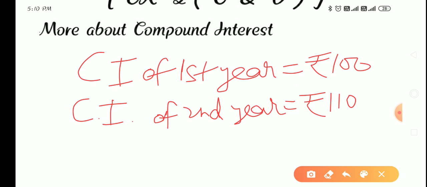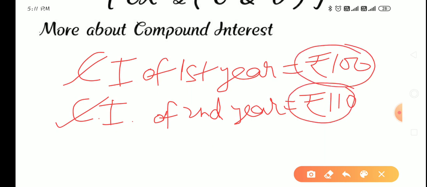In last exercise you have studied this thing. So what is the difference between these two CIs? If you find the difference, it will be 110 minus 100, rupees 10.